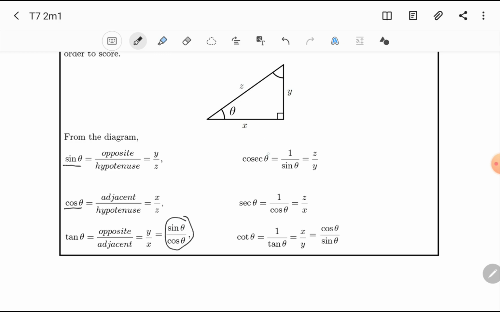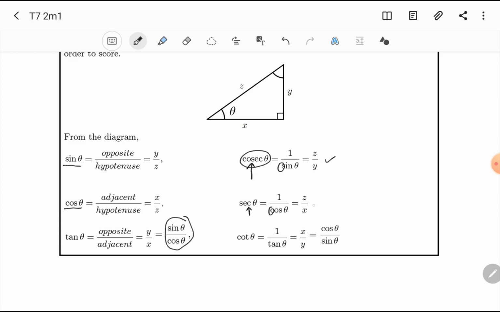Okay, cosecant theta, we know that is equals to 1 over sine theta. Okay, look at the third letter here. We have s. So 1 over sine. For secant, we have sec. Third letter is c. So c for cos. 1 over cos. Okay, so cosecant is z over y.